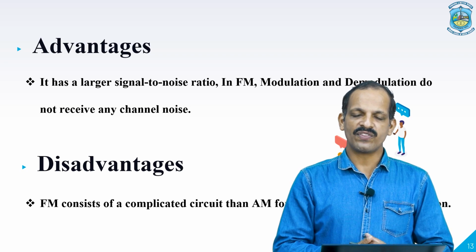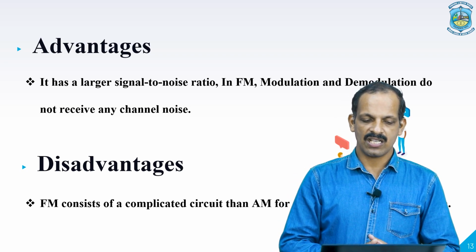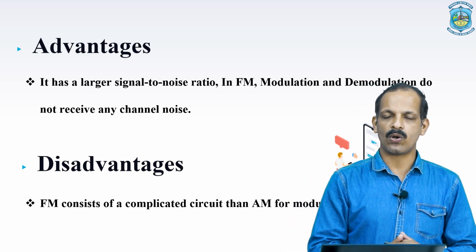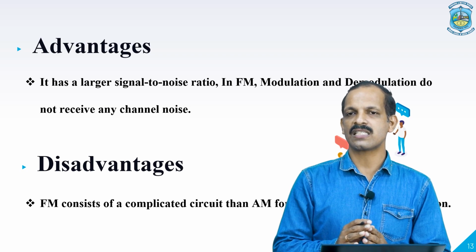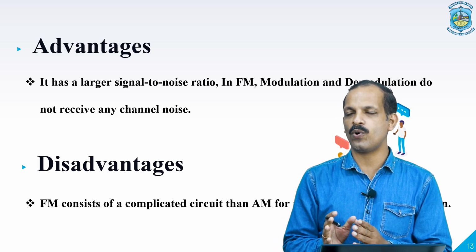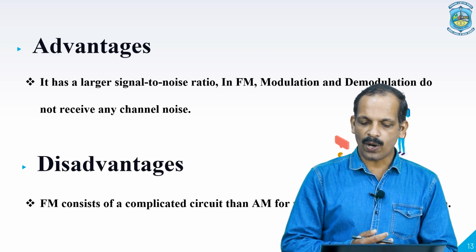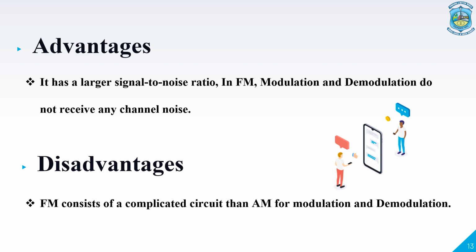The main advantage of frequency modulation is that it avoids or removes channel noise. At the same time, the main disadvantage is that the circuit we make for frequency modulation is very complicated compared with amplitude modulation. The circuit is very complex, but there is no chance of getting noise in the data signal.